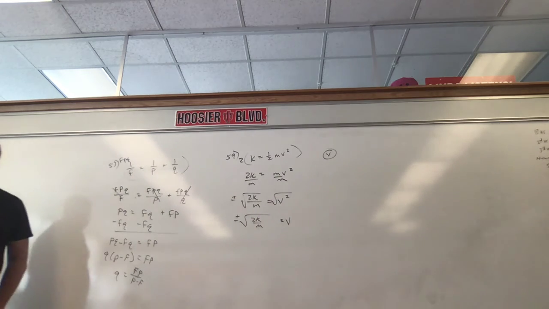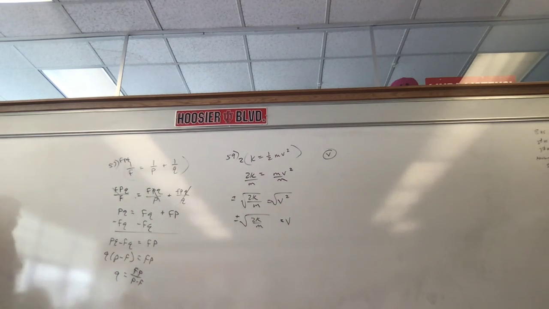Is it plus or minus though? V stands for what? Velocity. Can you have a negative velocity? Does that mean like a direction or something? I don't think you can have negative velocity. Velocity is the same as speed.